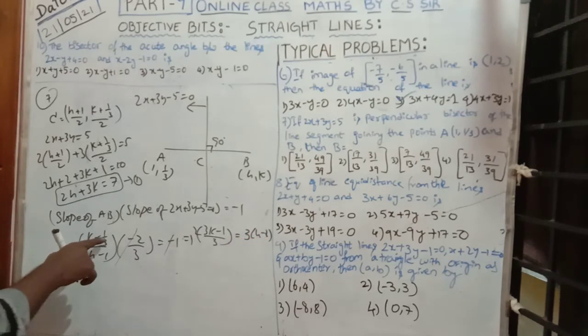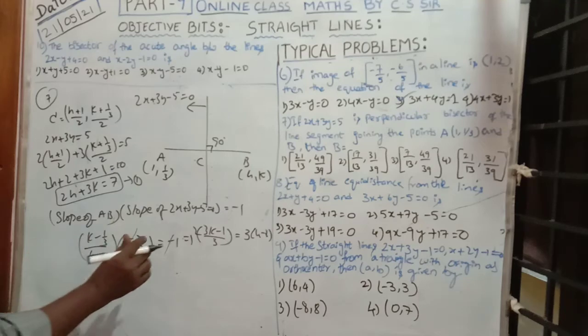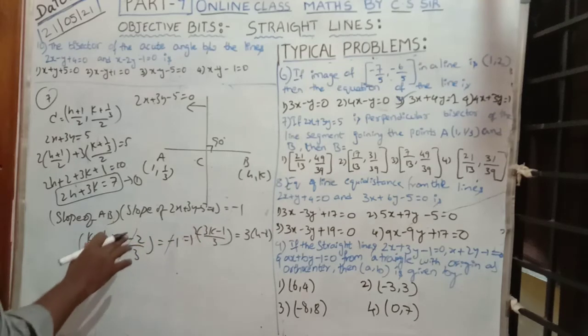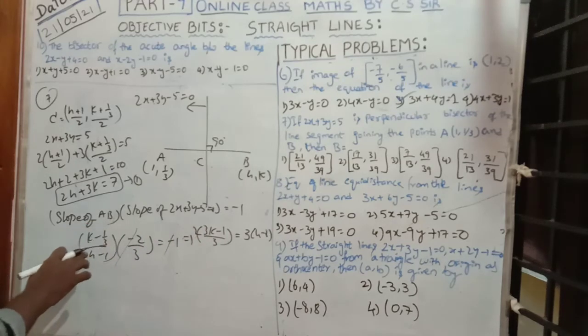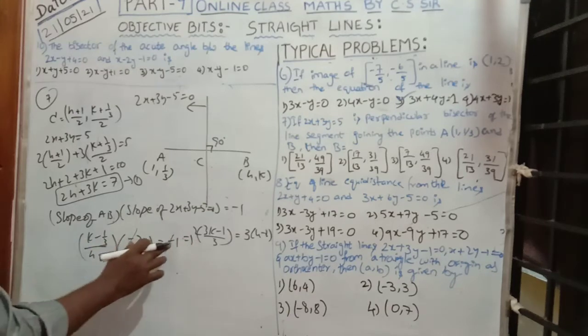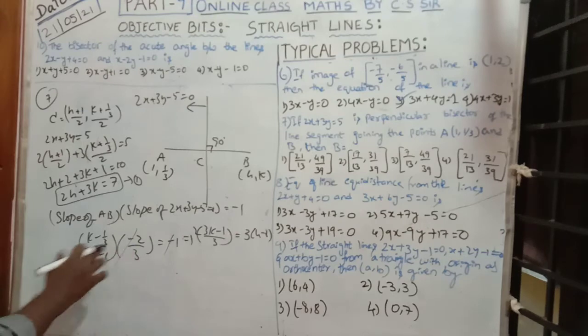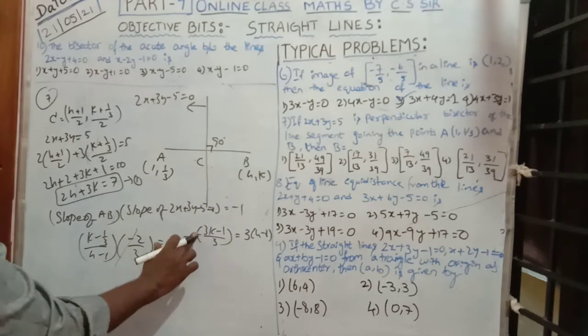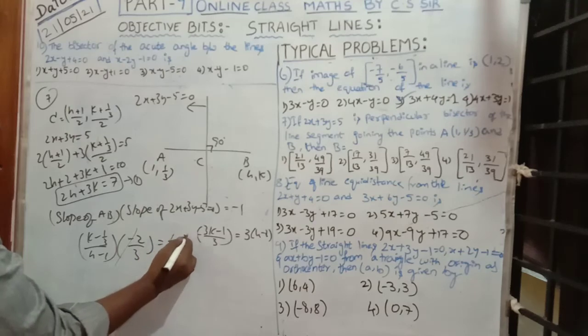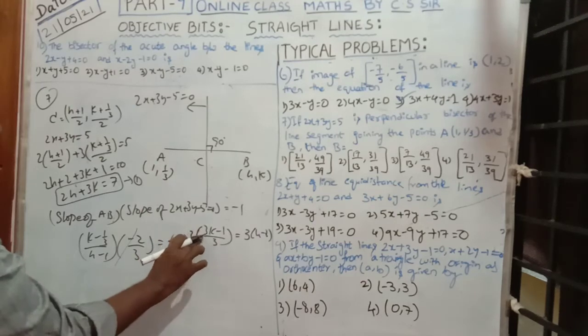Let it be 3k minus 1 by 3. This h minus 1 goes to that side, into 3 also. But the minus 1 cancels, 2 is also there.